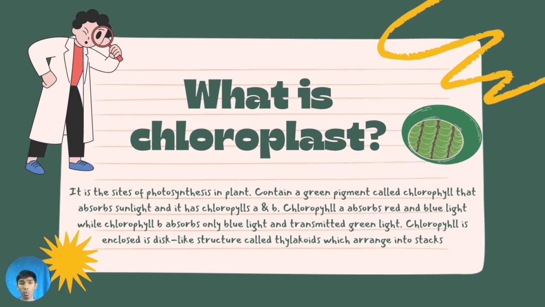The first is chlorophyll A and the second one is chlorophyll B. Chlorophyll A absorbs red and blue light, while chlorophyll B absorbs only blue light and transmits green light. Thus, that's why we see the plant as green. Chlorophyll is enclosed in light structures called thylakoids, which are arranged into stacks.